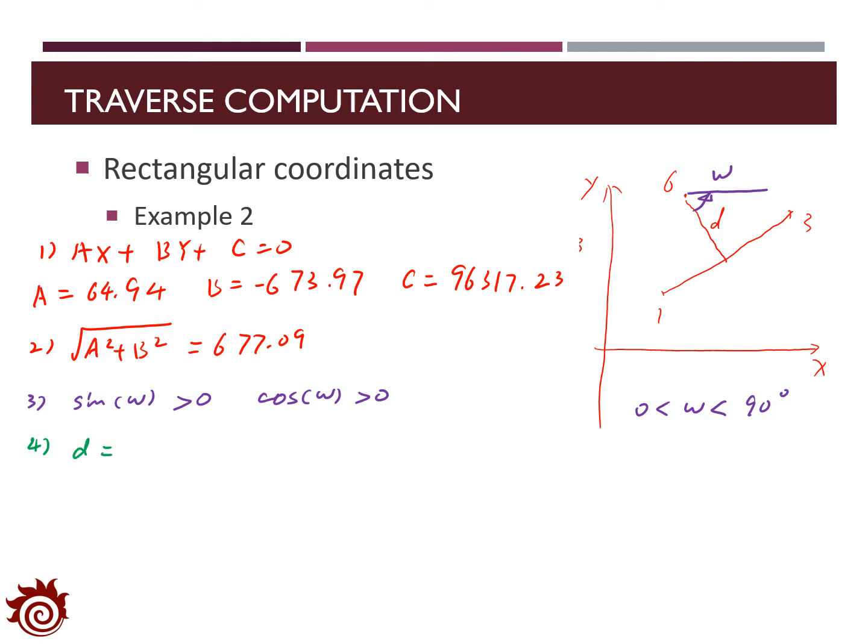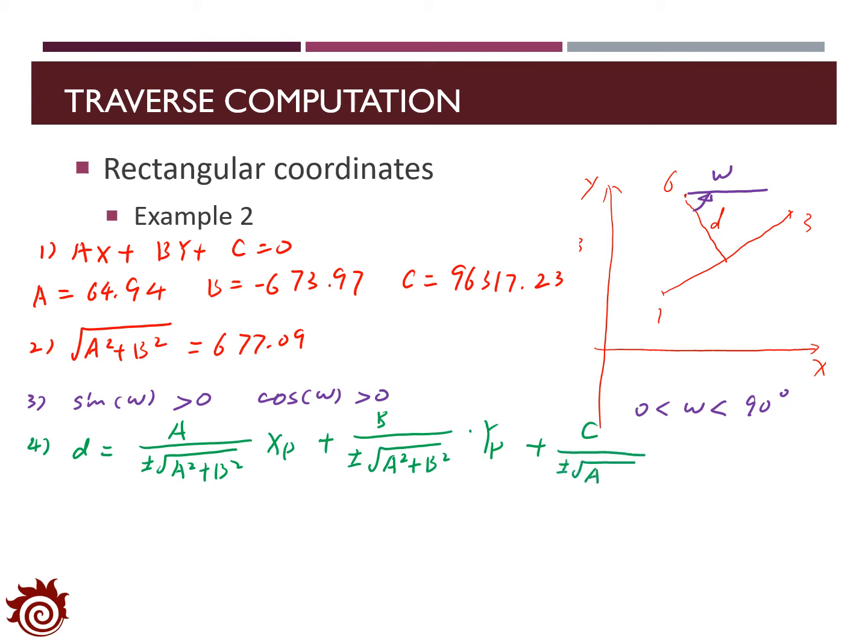So we have d equal to a divided by plus minus the square root of a squared plus b squared times xp, plus b over plus minus the square root of a squared plus b squared times yp, plus c over plus minus the square root of a squared plus b squared.